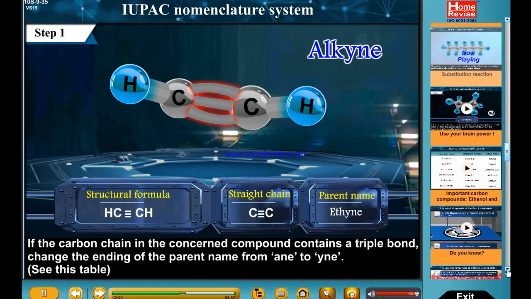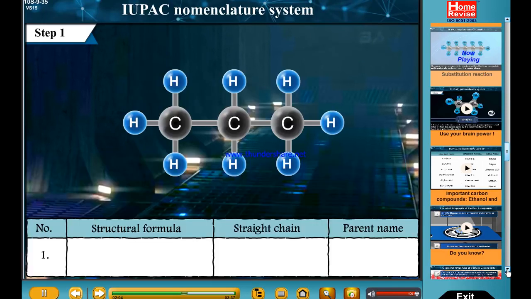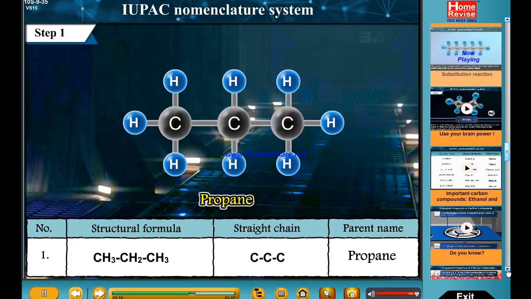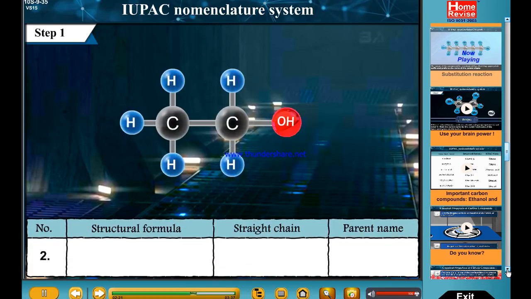See this table. 1. Structural formula CH3CH2CH3. The straight chain formed is C single bond C single bond C, and its parent name is propane. 2. Structural formula CH3CH2OH.